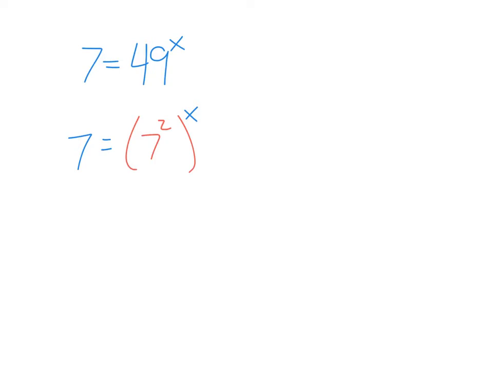We just did it. Multiply. So then the right-hand side we can write as 7 to what? 2 to what? Well, what's 2 times x? 2x, okay.